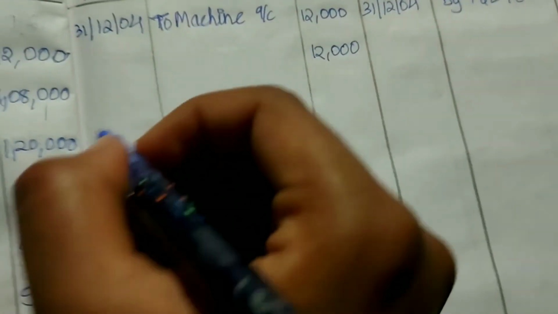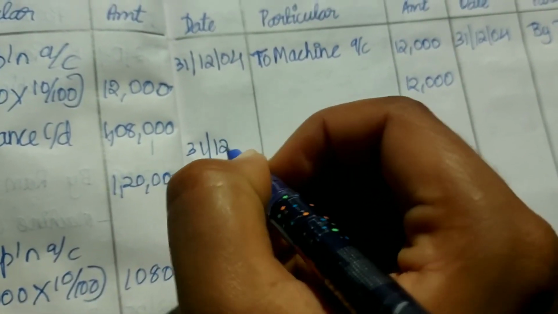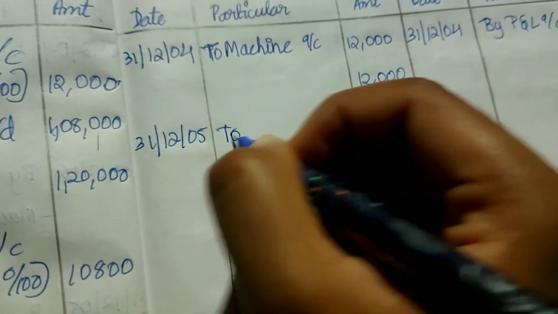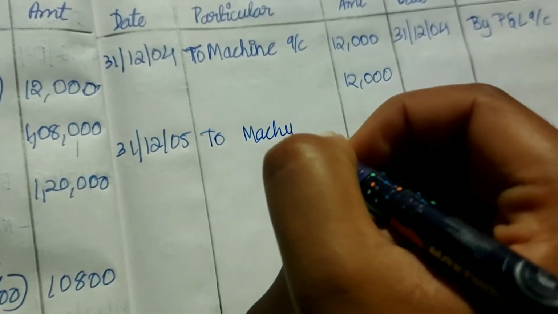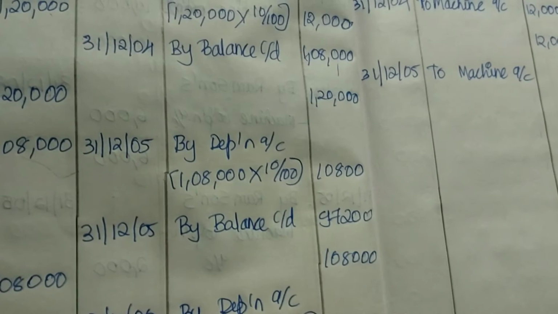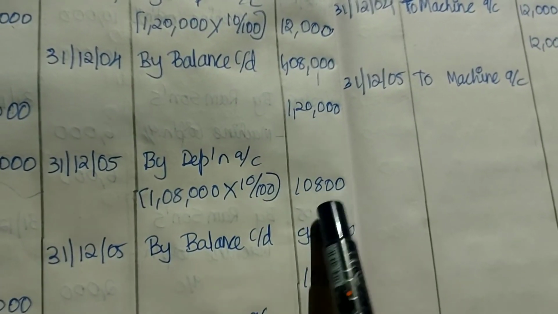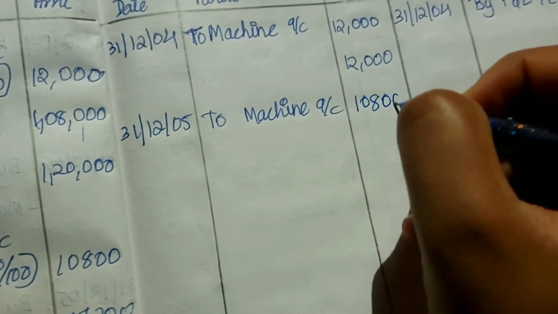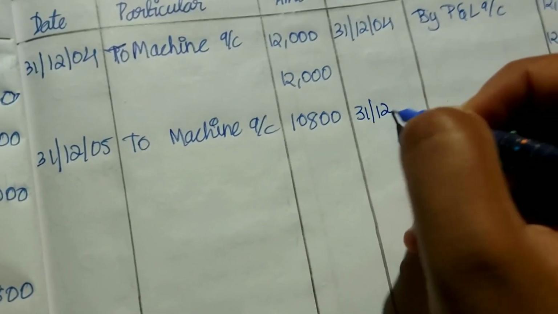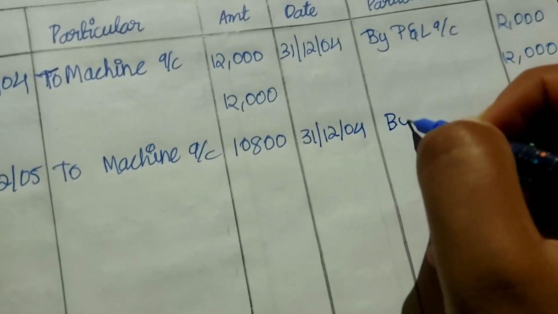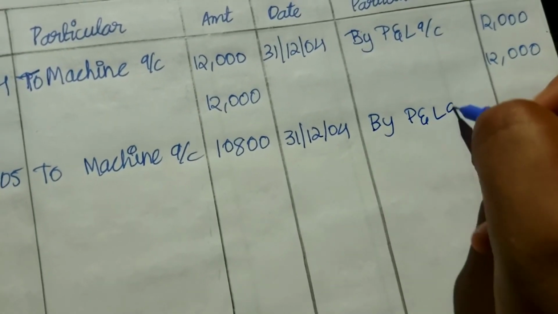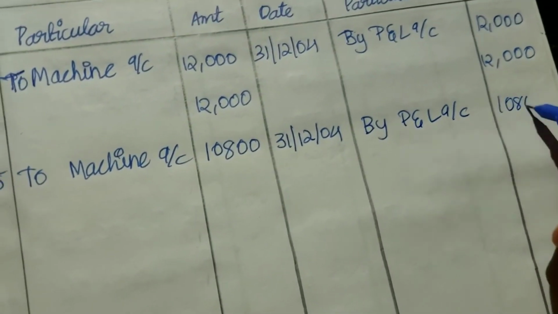Now let's go for the second year, 31st 12 2005, to machinery account. So this is the second year. The second year depreciation is 10,800. Let's write that, 10,800. It was credited by profit and loss account, 10,800.